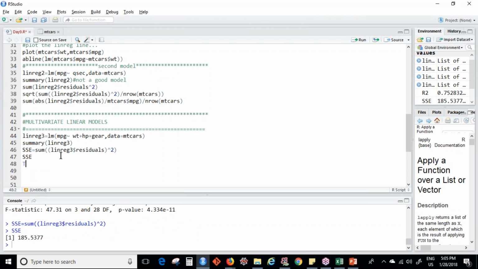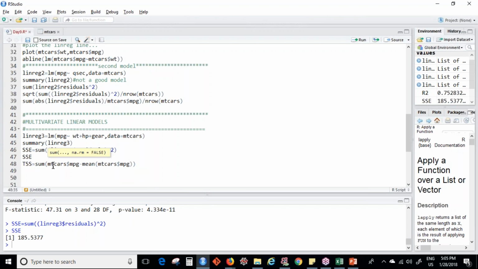Similarly, I can calculate my TSS also. My TSS, I can just copy this formula. No, I cannot copy that formula. The formula will be different. So my actual value, which is mtcars dollar mpg, minus my average of mtcars dollar mpg. Okay.